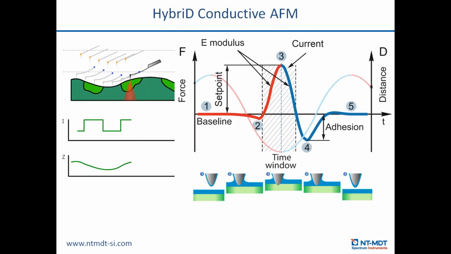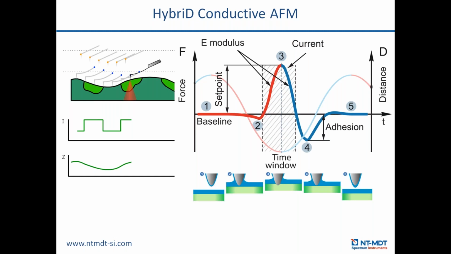That's okay if we have some kind of hard material like ceramics, but what if our material is soft or is loosely attached to the sample? In this case, the probe will either cut it or move it. So we applied the approach of hybrid mode.